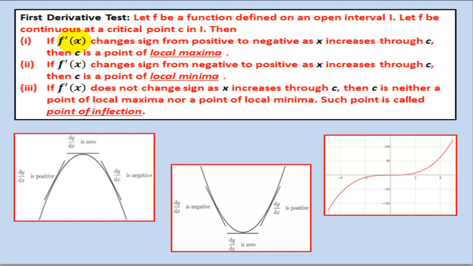Now the condition says if f dash x, that means the derivative, changes sign from positive to negative as x increases through c, which means as x moves from left to right, then you can come to know that c is a point of local maxima. Why is the derivative changing sign from positive to negative? This we have understood in increasing and decreasing functions also.